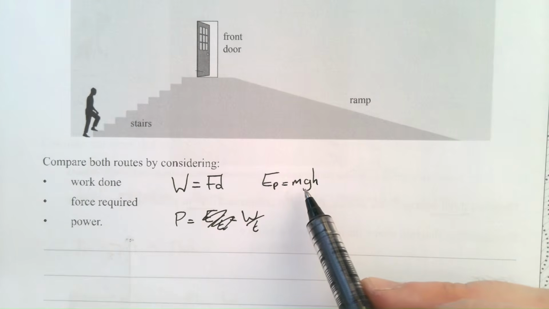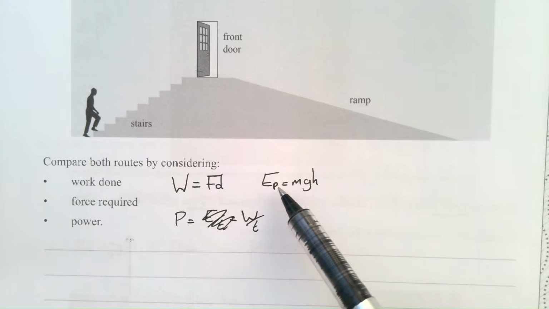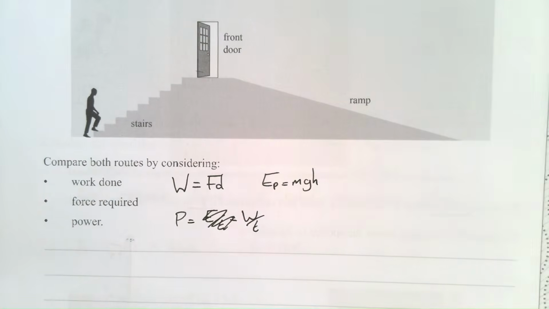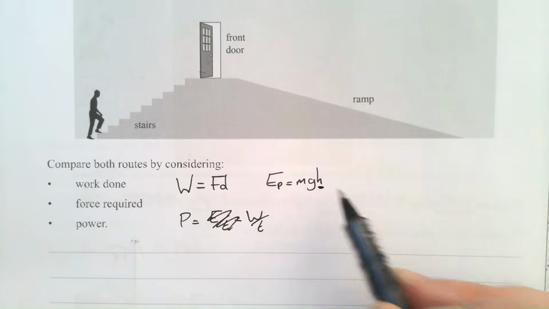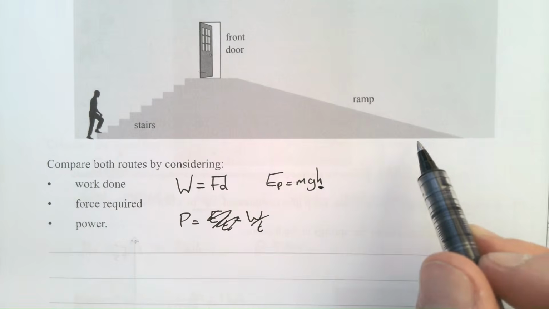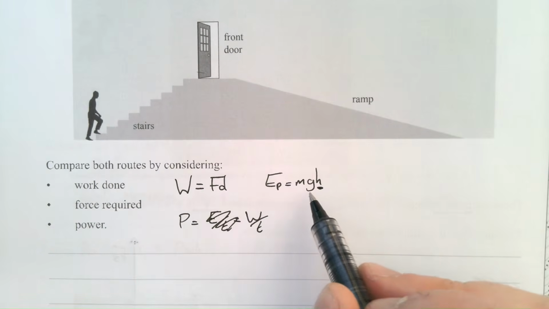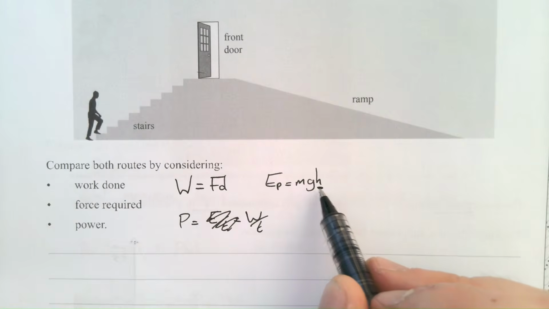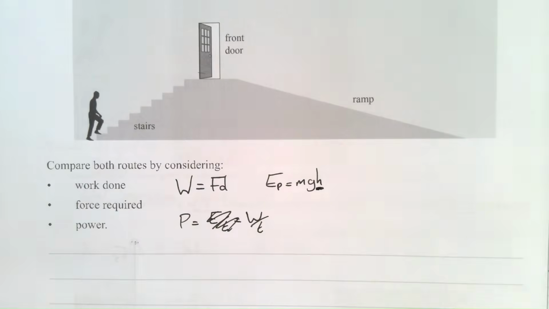Because everything about this will be the same, no matter which route they take, the energy change is the same. Therefore, the work done will remain the same. And it's because the vertical height is unchanged. Even though it's a longer distance to go, in terms of energy, ignoring other forms of energy, the height is the only thing that would affect it under mass and gravity, but the height's the same either route he goes.